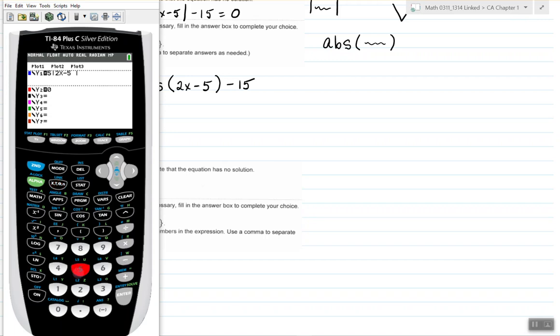If you have the ABS, you will close parentheses. If you have the absolute value bars, you will simply hop to the right. And it is minus 15. I don't know why it's doing some weird things.